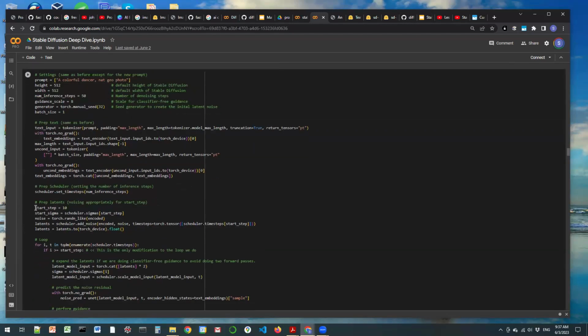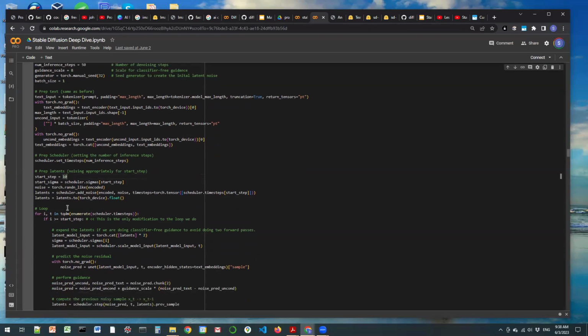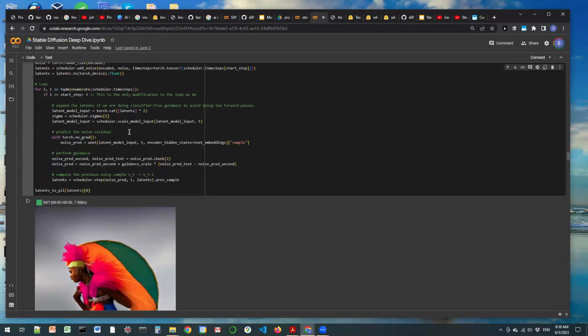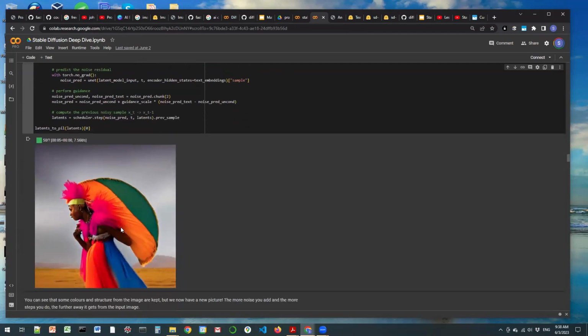The only change we make is we say our start step, instead of being 0, which is all noise, is 10. Correspondingly, we have shifted. We've given this prompt and the image, and then we say start step is 10, and then we take it through the remainder of this process. And then, of course, we also do the VAE decoding and see what is done.